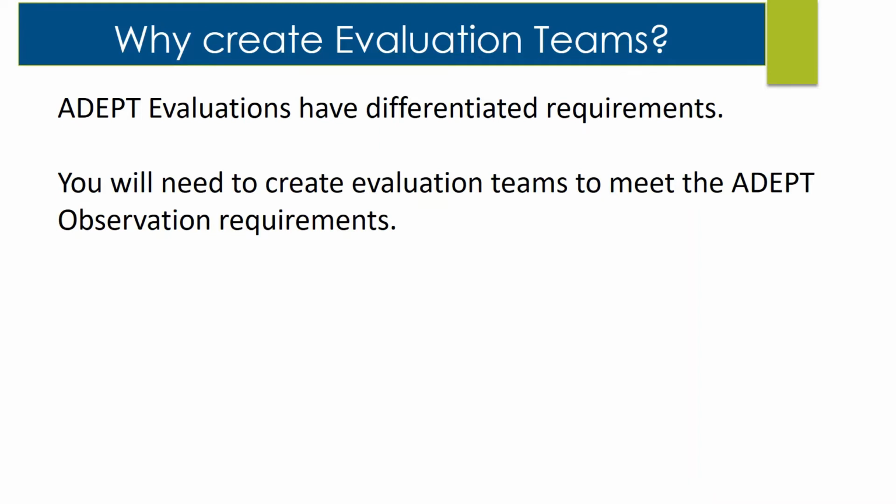The observation requirements are stated in the Expanded Adept Support and Evaluation System Guidelines for Classroom-Based Teachers, which was published in April 2018. There are also guidelines for special areas educators under the 2006 model or the new special areas evaluation model set for pilot this 2020-21 and full implementation in 2021-22.